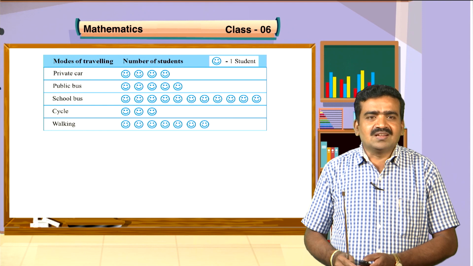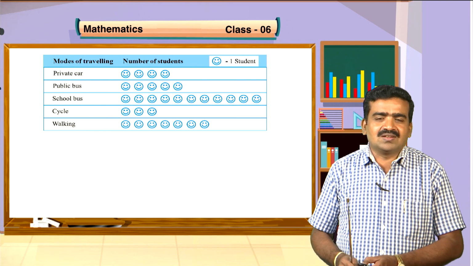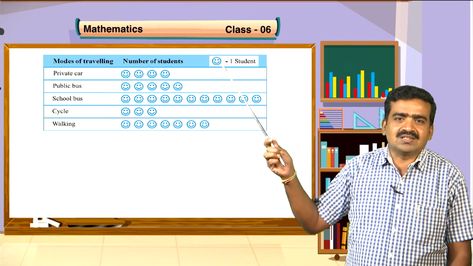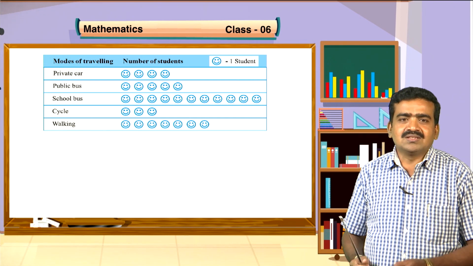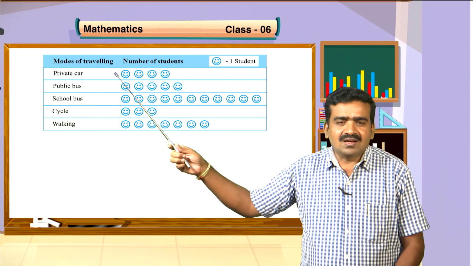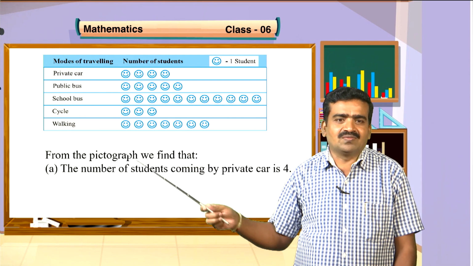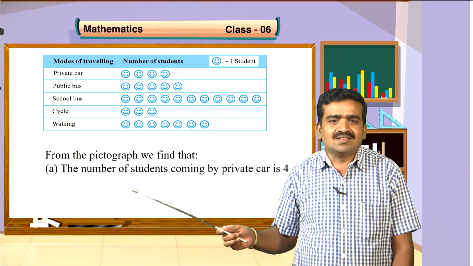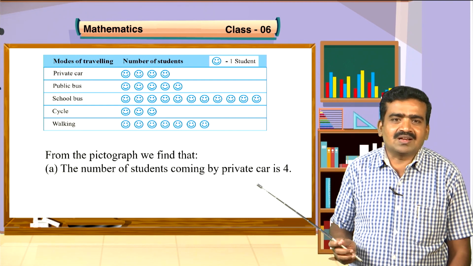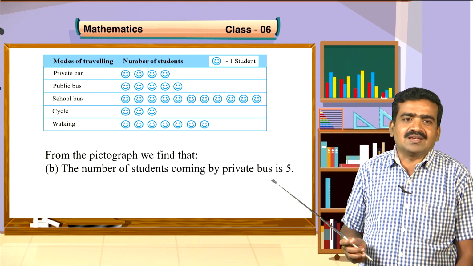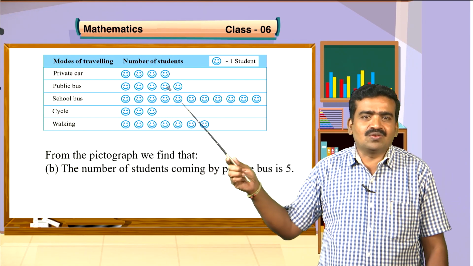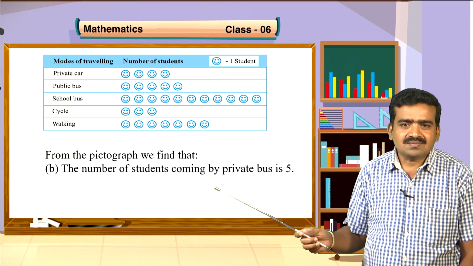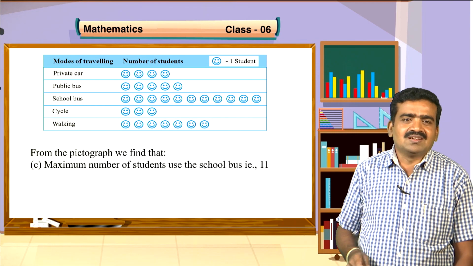Now, for private cars, here the key is given for this pictograph. This one smiley gives one student. So, the private car is chosen by 4 students. In case of public bus, there are 1, 2, 3, 4, 5 students coming by bus.